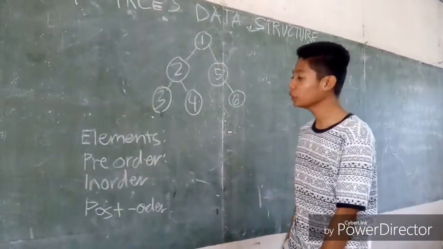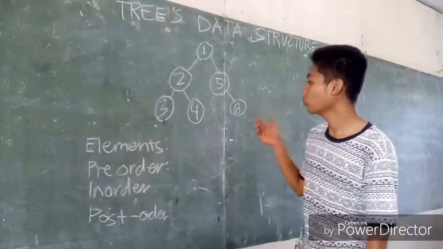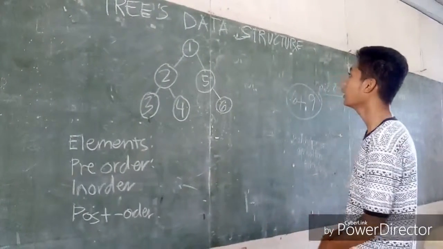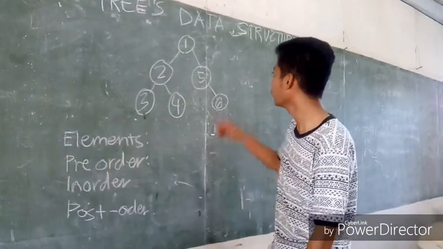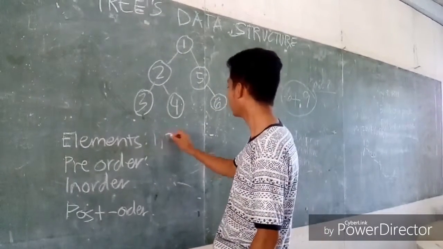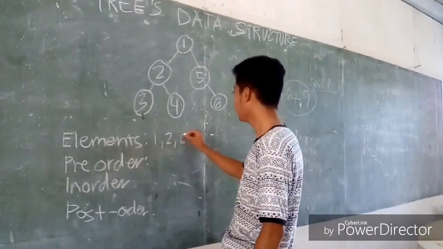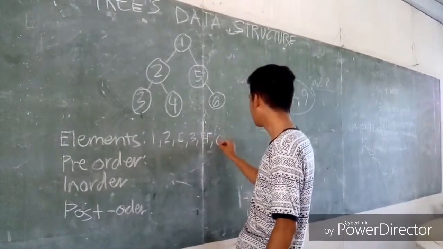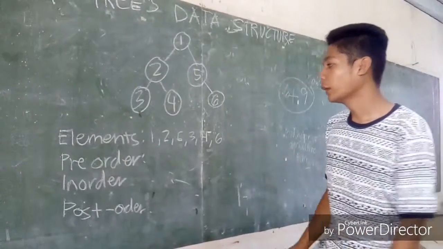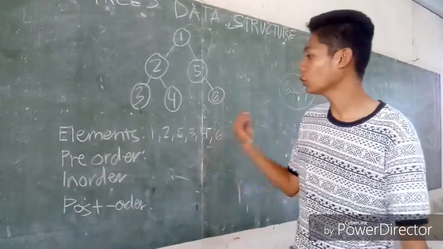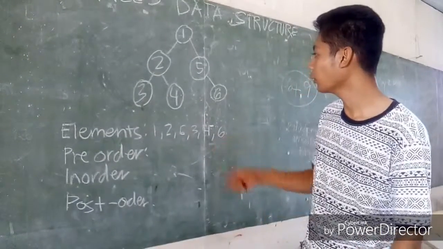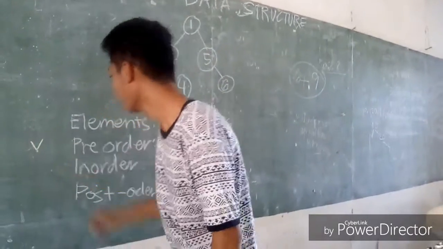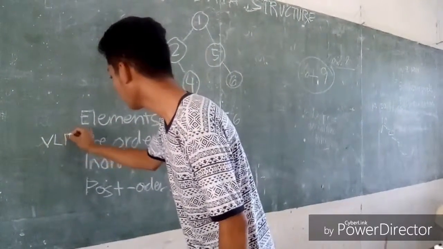Today I'm gonna teach you how to get the elements. So the elements are the variables inside the nodes. So we have here 1, 2, 5, 3, 4, and 6. And we go to the pre-order. So pre-order, the formula for this is the parent, left, right.